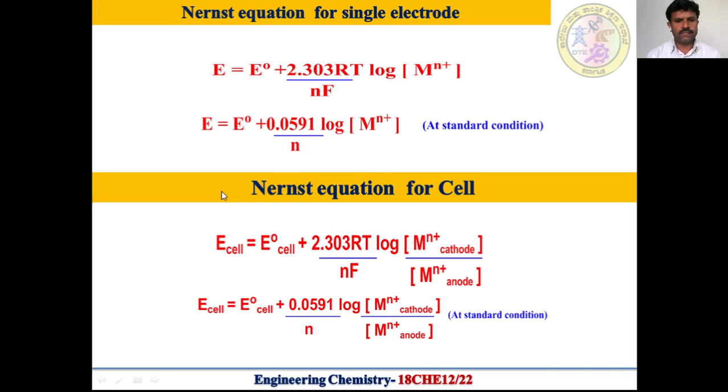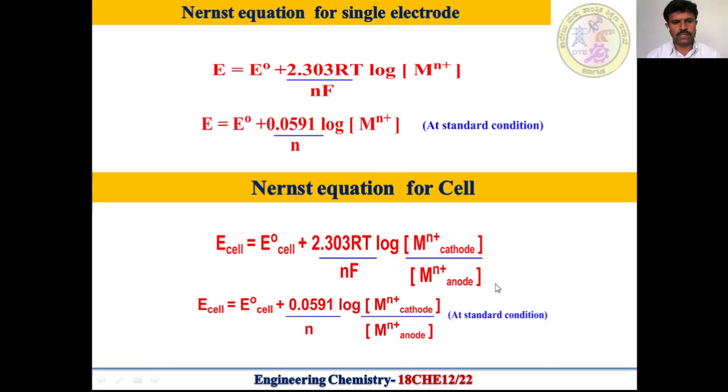If we consider a cell which consists of two half cells, then the Nernst equation for a cell can be written as E cell is equal to E0 cell plus 2.303 RT divided by NF log of the concentration of metal ions in solution at cathode divided by the concentration of metal ions in solution at anode.